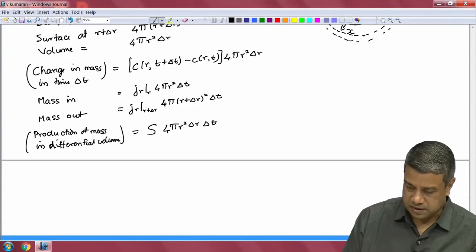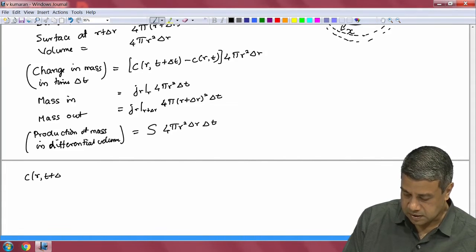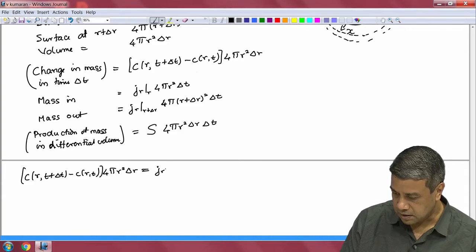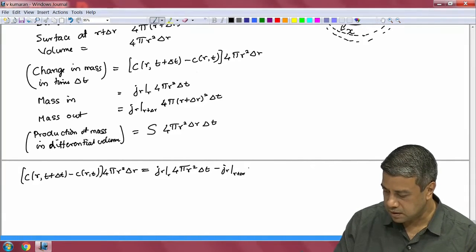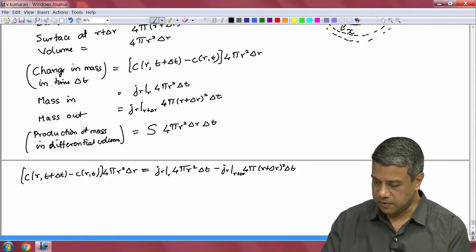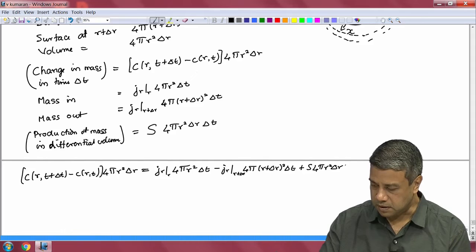If I substitute that into the balance condition, I will get C of r, t plus delta t minus C of r, t, times 4 pi r square delta r, is equal to J r at r times 4 pi r square delta t, minus J r at r plus delta r times 4 pi into r plus delta r the whole square delta t, plus the volumetric source term, which is S times 4 pi r square delta r delta t.